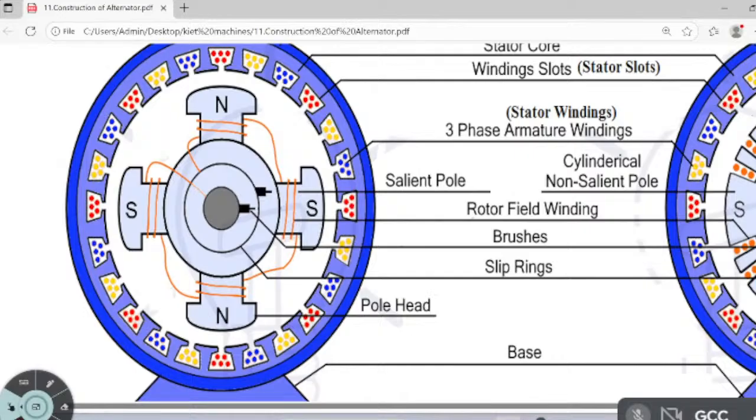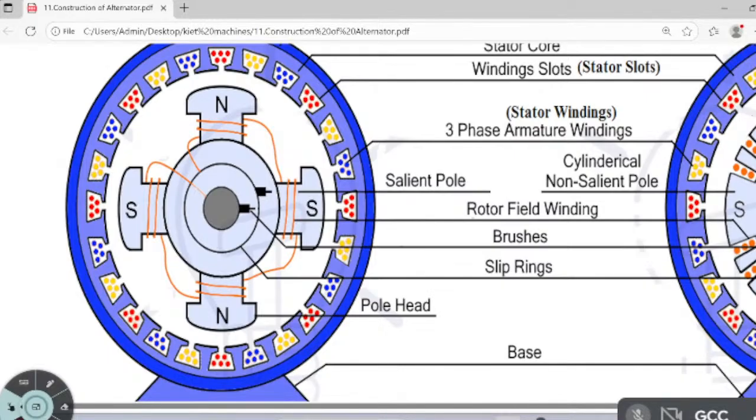Here conductors are stationary. So whenever the field is rotating, the flux is cutting the conductors, and EMF is induced in the conductor. Whatever amount of EMF is induced is AC. So that AC directly we are taking out.